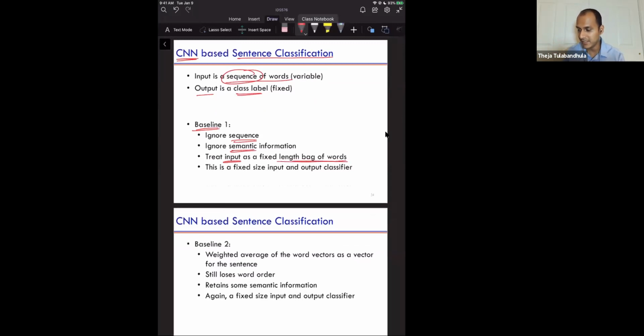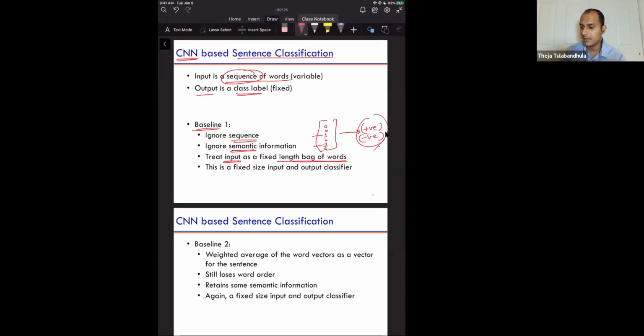It's exactly what Naive Bayes did, and then you just want to go from a fixed length bag of words, let's say 001, 010, where some words present are 1, and from this you want to go to a label which says positive sentiment or negative sentiment, for example. That's a specific instance of sentence classification, right? You have a sentence, you want to figure out whether the sentence is talking about something positively or negatively. Then that's a 2-class classification problem.